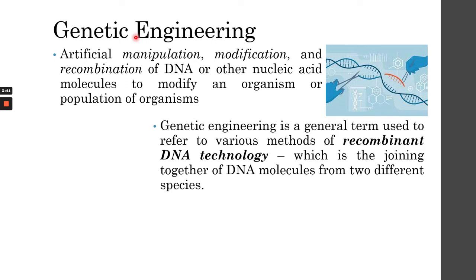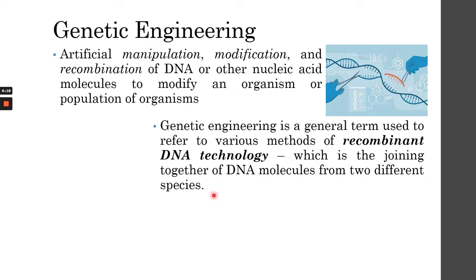Genetic engineering is a general term for the various methods we use to create what we call recombinant DNA technology. Recombinant DNA technology is taking two DNAs from two different species and putting them together. More specifically, one of the things we do is take the DNA of a human and the DNA of a bacterium and put those two together.